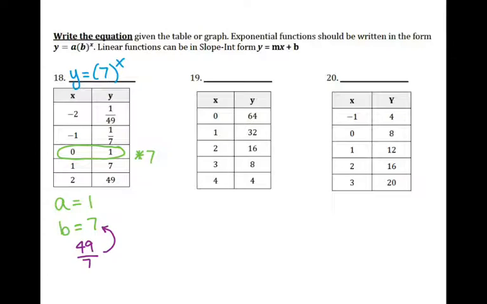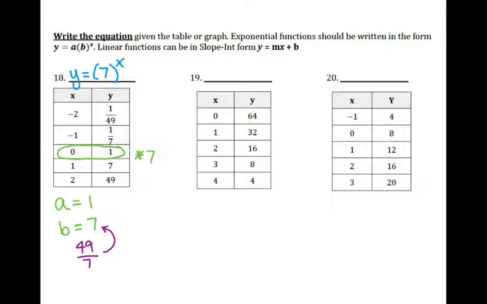Okay, now let's look at 19. If I look at 19, again, I'm not adding or subtracting the same number each time because I can see that the differences between those values are different. So 64 to 32, I'm subtracting 32, but 32 to 16, I'm subtracting 16, so that can't be linear. So in this case, it's going to have to be exponential.